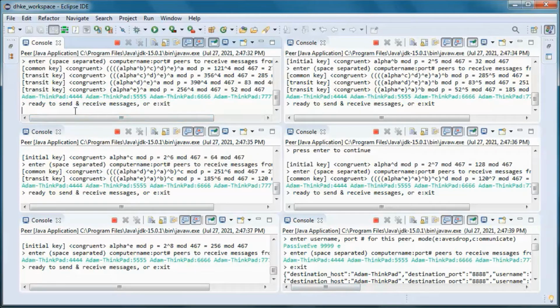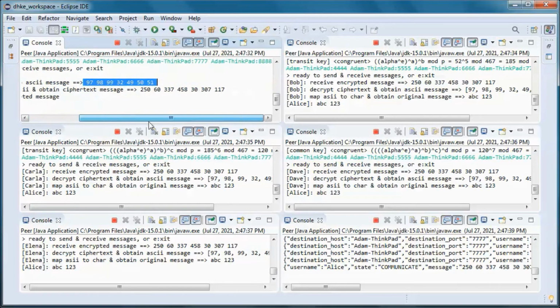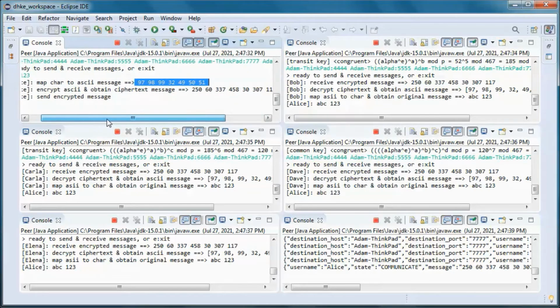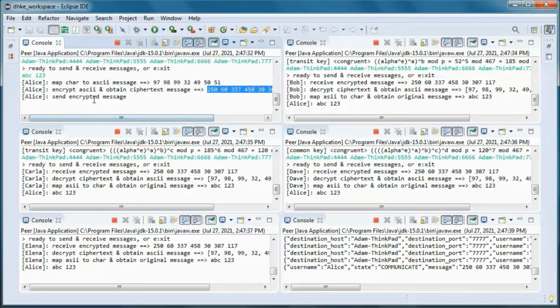So now if we have Alice send this message to all other communicating peers. So here she mapped the characters to ASCII and obtained this ASCII message, and then encrypted the ASCII message and obtained this ciphertext and sent the encrypted message.